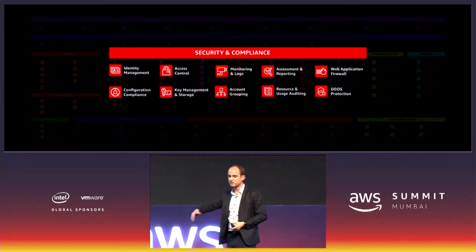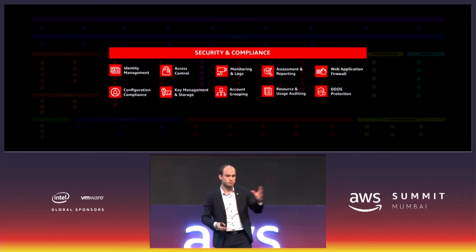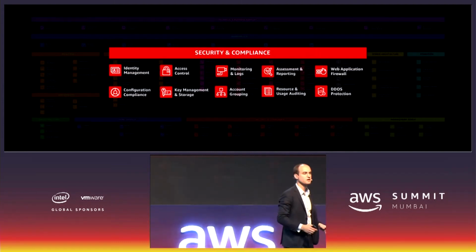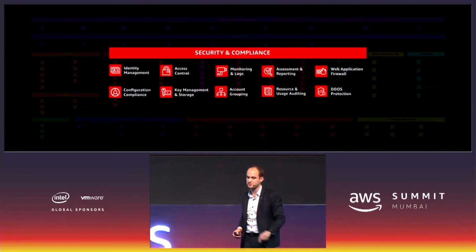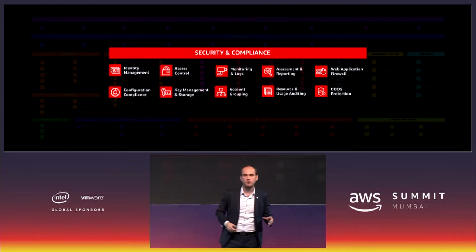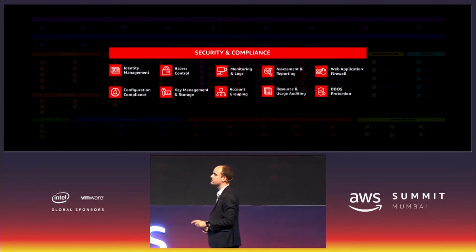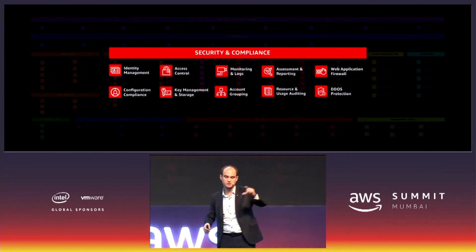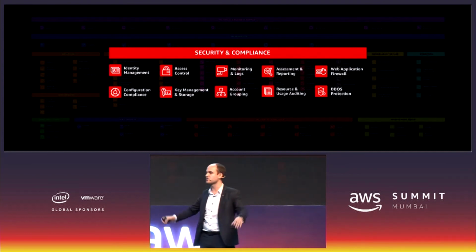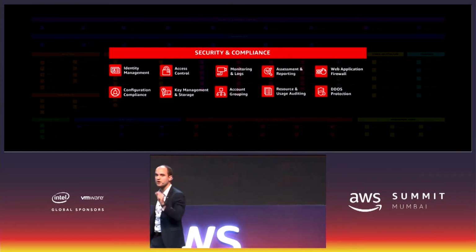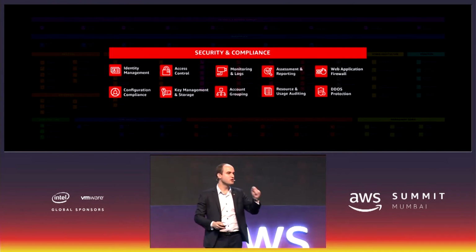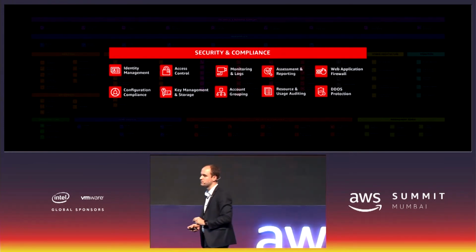You want to report it out, you want a web application firewall, you want to protect yourself against distributed denial of service attacks, AWS Shield can help you do that. You want to configure complex configurations, AWS Service Catalog can do that, pre-provision workloads with a click of a button. You can group accounts together, you can manage all your resources. Look at those services and really build with that Well-Architected Framework in mind.